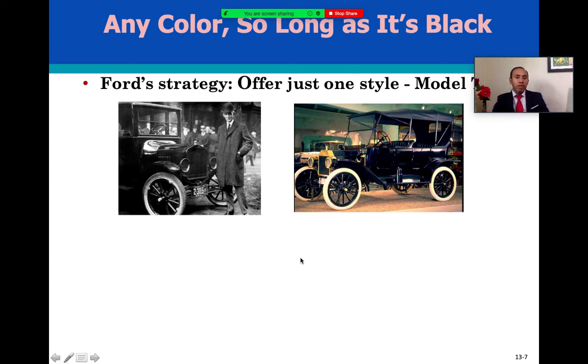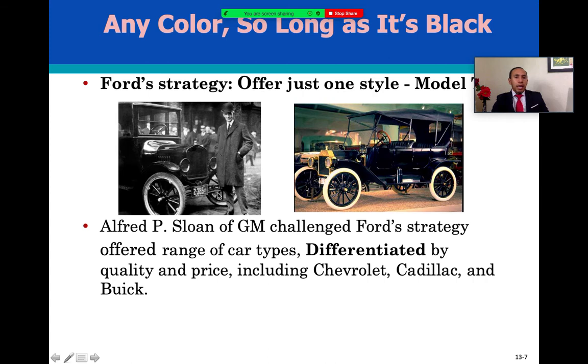And Henry Ford had major competitors like Alfred P. Sloan from GM, General Motors, who started to challenge Henry Ford's simple strategy of offering just one standard car. Alfred P. Sloan actually introduced GM later on with different products, with different quality, with different prices, and essentially developed Chevrolet, Cadillac, Buick, and other brands that started to compete with Ford.